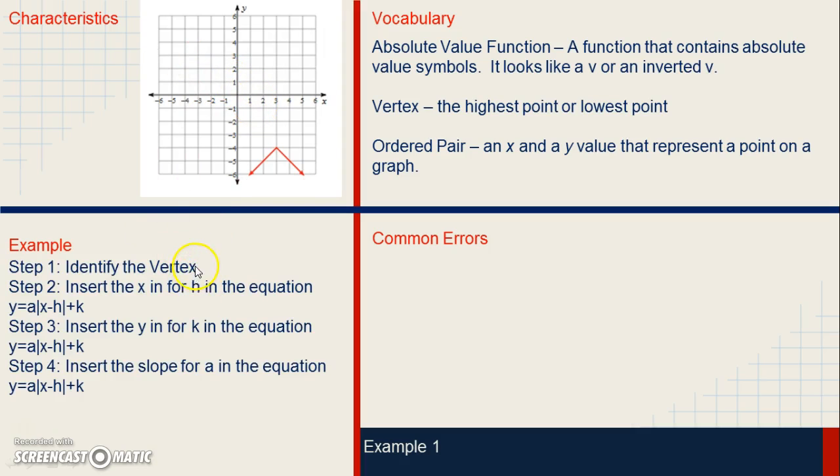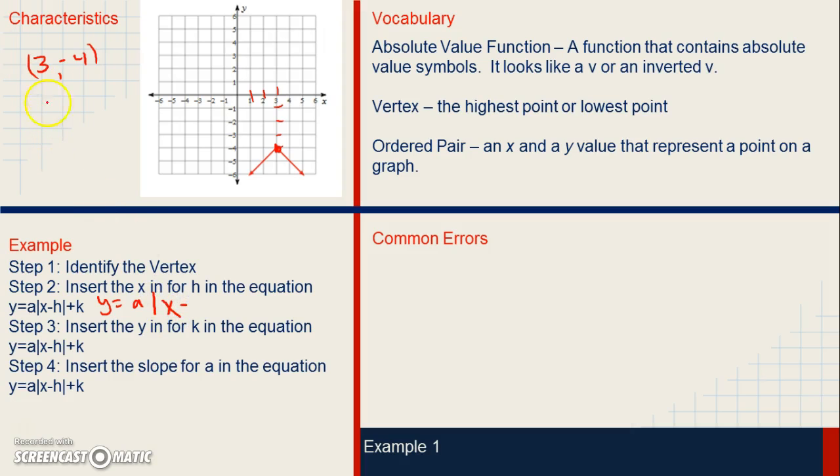So here's how we're going to do this. We're going to identify the vertex, which we've already talked about. So 3, -4 is our vertex. And then we're going to insert x in for the h in the equation: y equals a times absolute value of x minus h plus k.